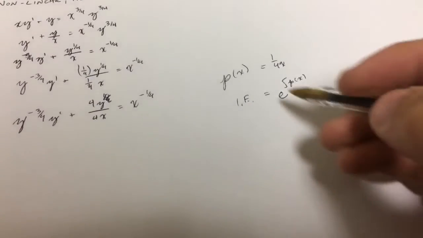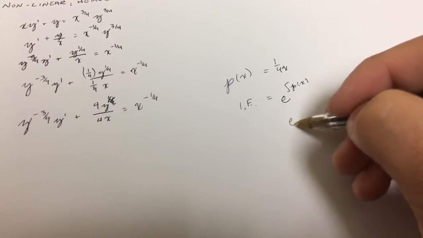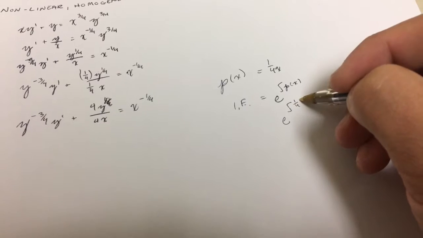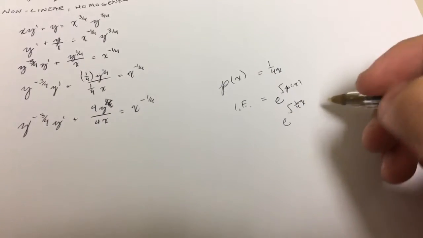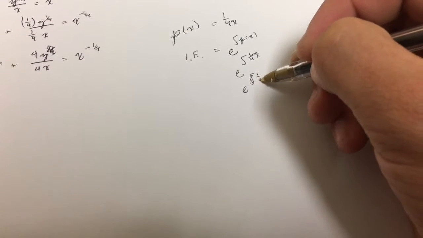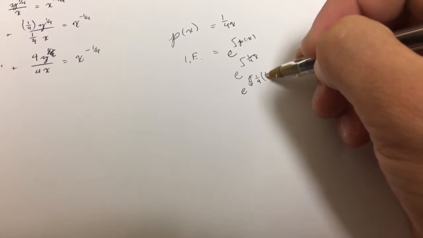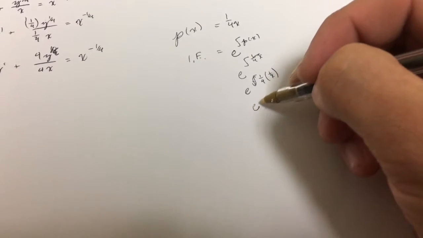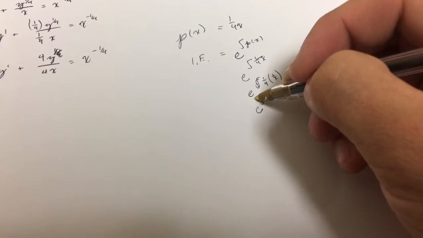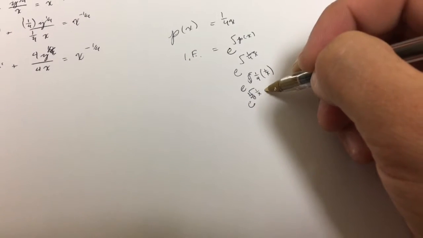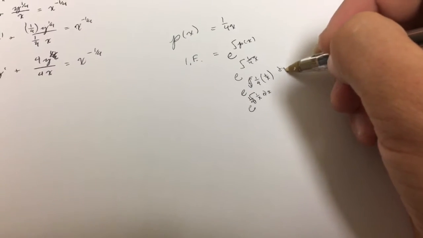In this case, it's 1 over 4x, so e to the integral of 1 over 4x equals e to the integral of 1/4 times 1 over x dx.